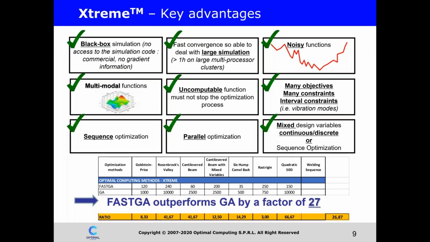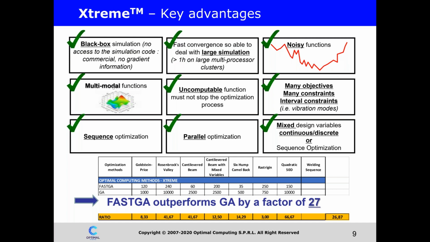What are the key advantages of the software or the algorithm? It's a black box optimizer, meaning that we don't need to have access to the internal source code of any simulation tool. It's very fast to converge, so we are able to deal with simulations that take quite some time, typically equal to 1 hour or more. It can deal with noisy functions.